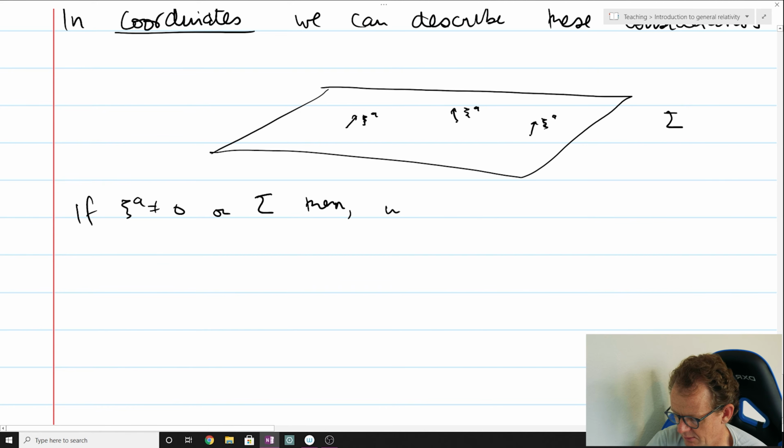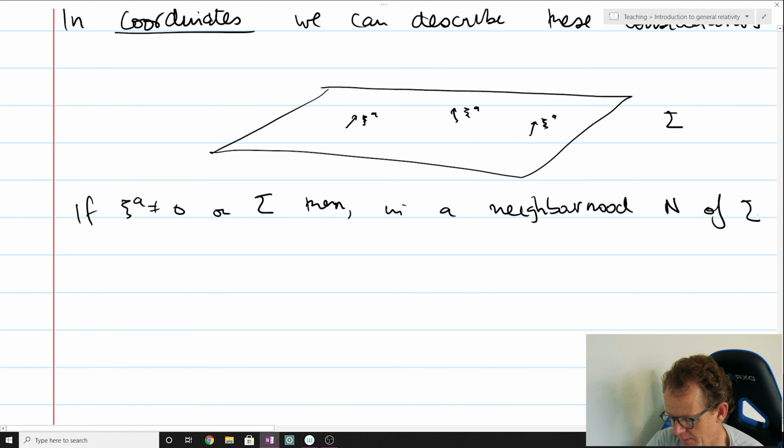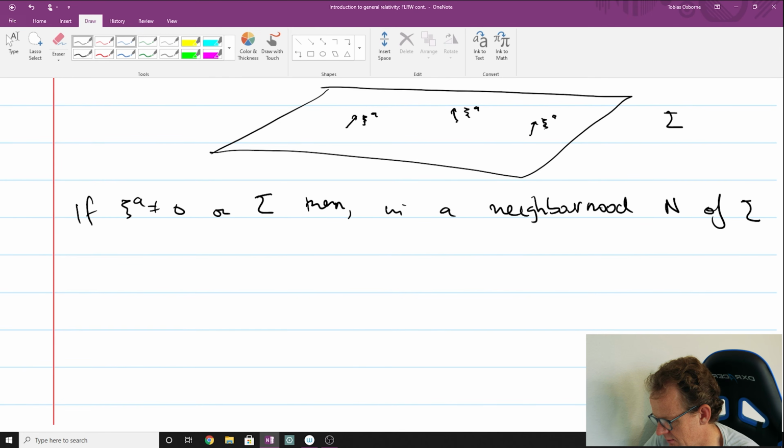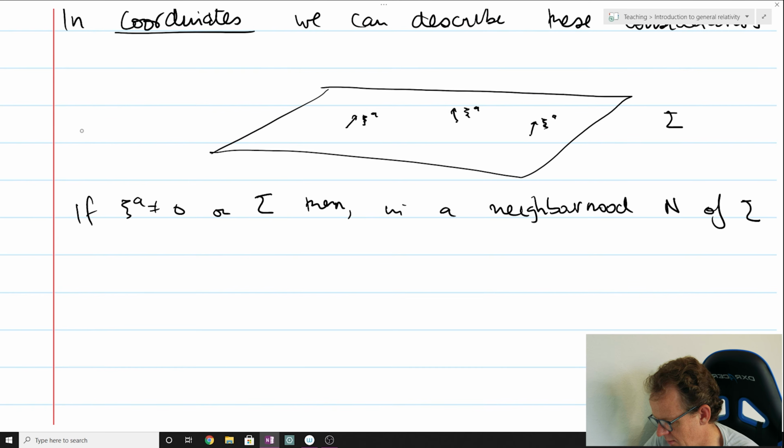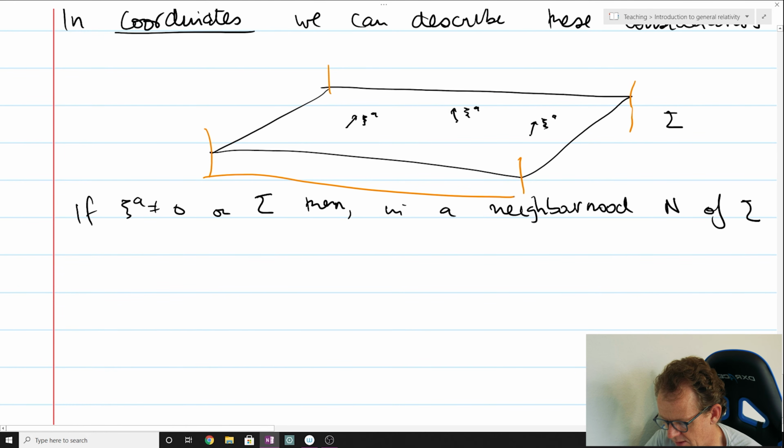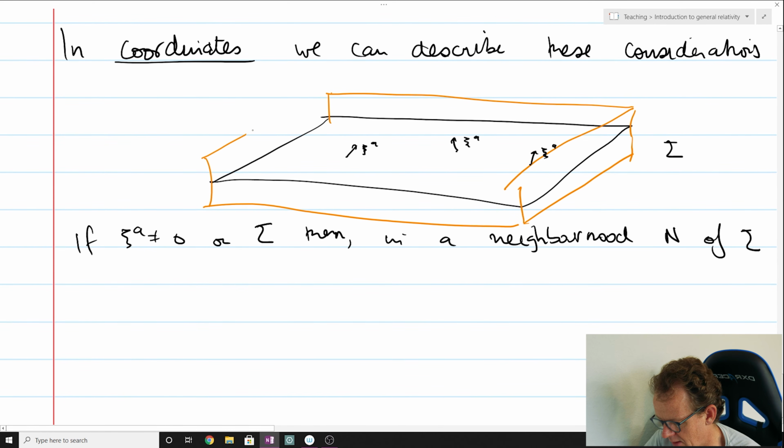Then what we can do is we can build a neighborhood around the hypersurface. We'll call the neighborhood N, and I'll draw it now. So the neighborhood is like this little chunk of space-time around the hypersurface sigma.